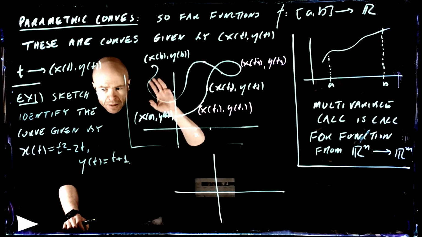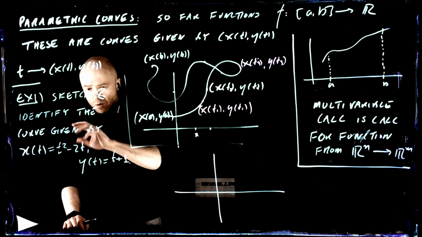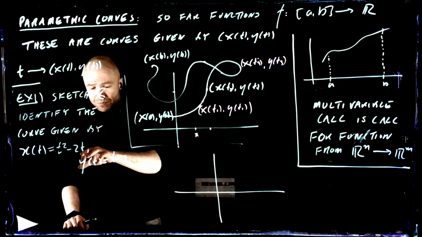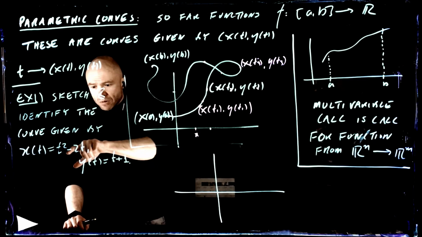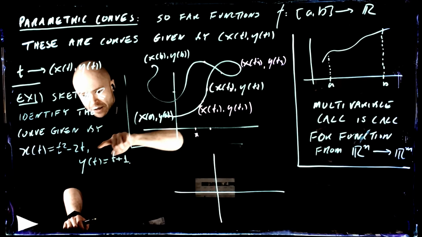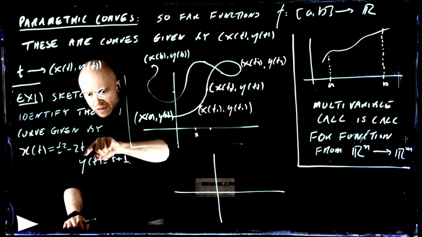But the x coordinate is doing something more subtle. It's a quadratic behavior. When t is equal to 0, for example, the x coordinate is minus 2. But for small t, the minus 2 is bigger than the t squared.